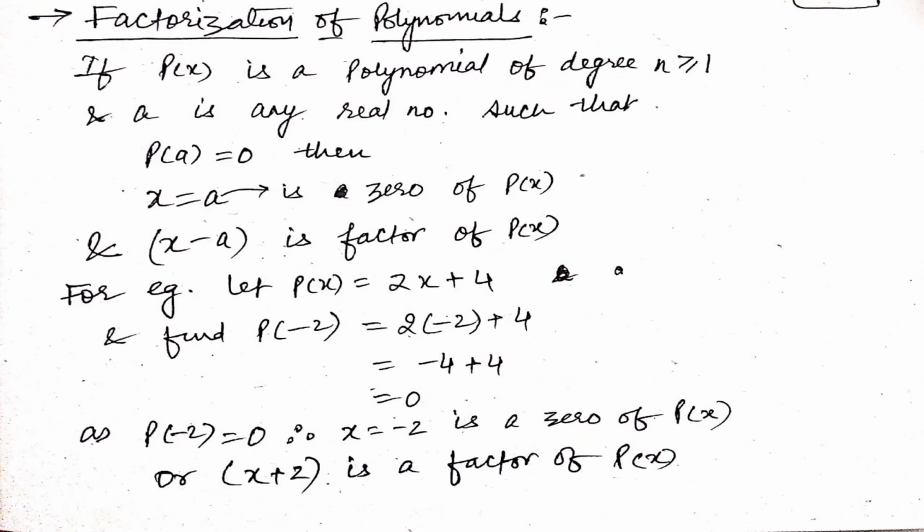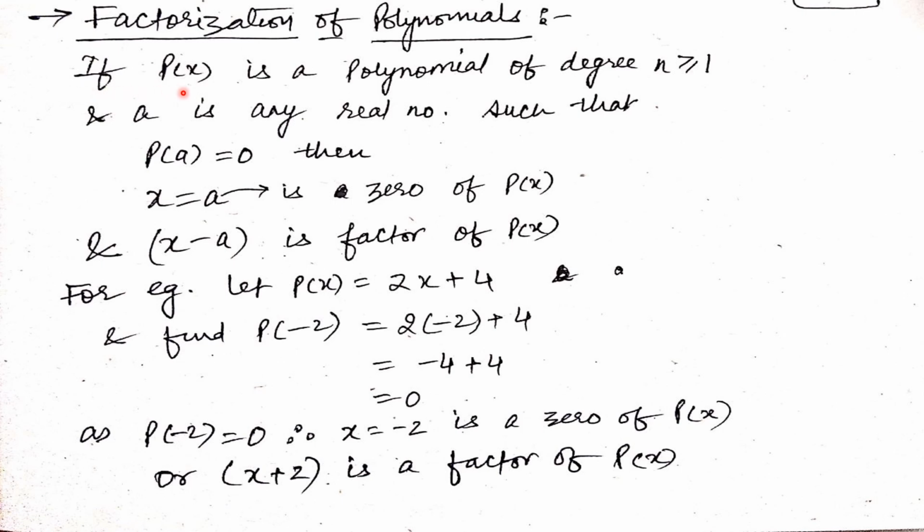Now, next topic is factorization of polynomials. This topic we have done in the last class also. It is just an extension of that topic. So before I move to degree 3 polynomials, we must revise what we have done already. Okay. Now, a general definition of factorization of polynomials is simple.